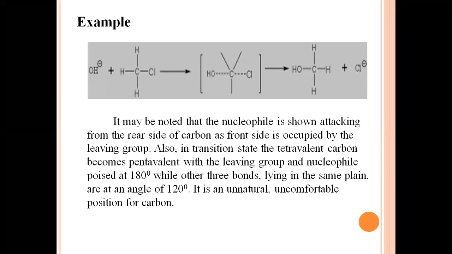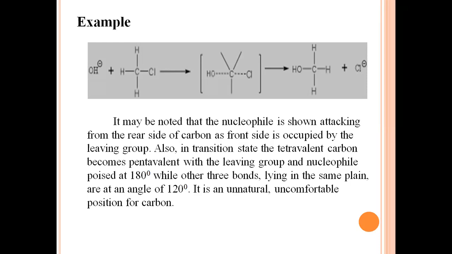As you know, the bond angle between the carbon and hydrogen in the case of methane is ideally 109.5 degrees. And in this case, whenever the alkyl halide achieves its transition state, the bond angle between the leaving group and the nucleophile is poised at 180 degrees, and all three hydrogens are lying in the same plane at an angle of 120 degrees.